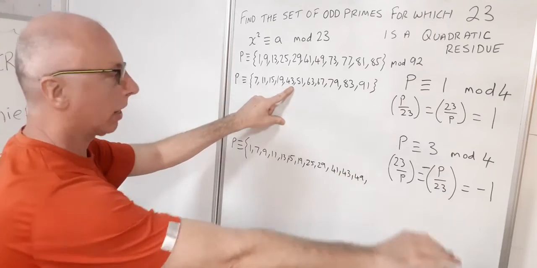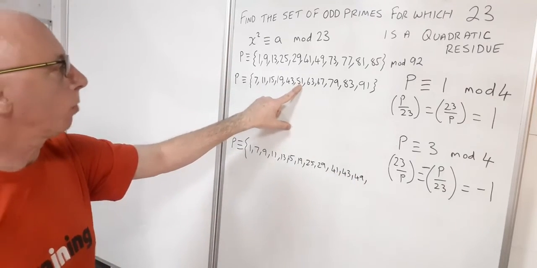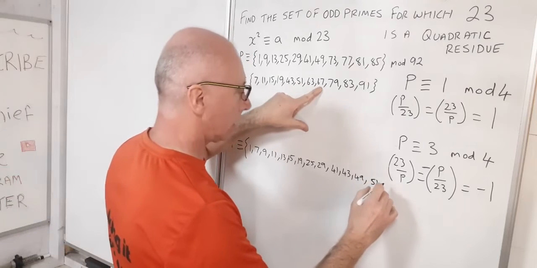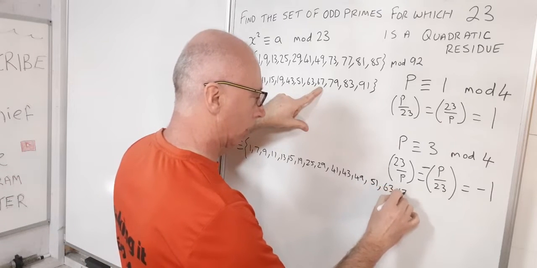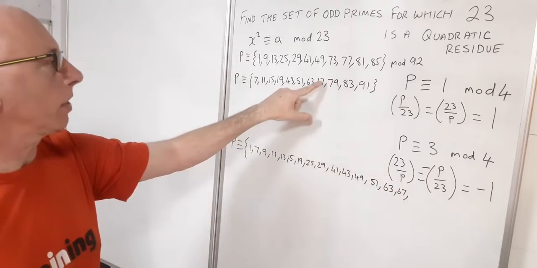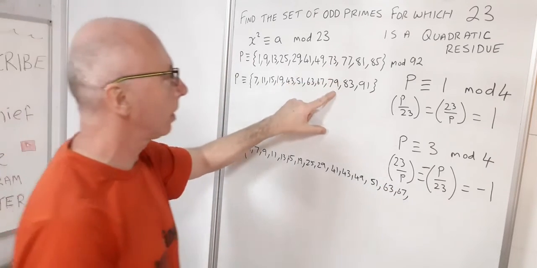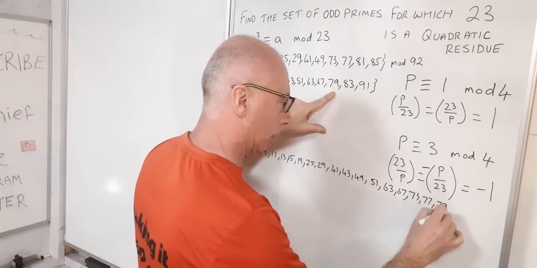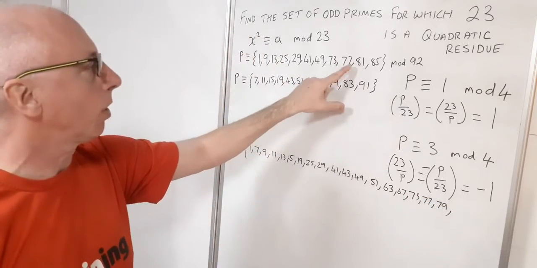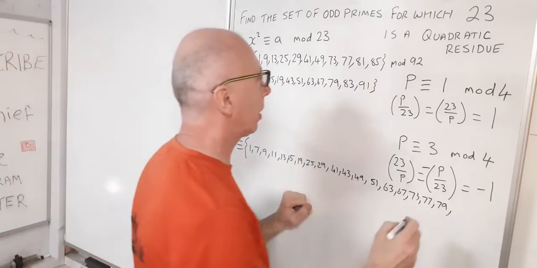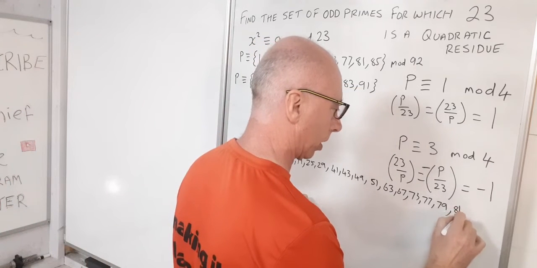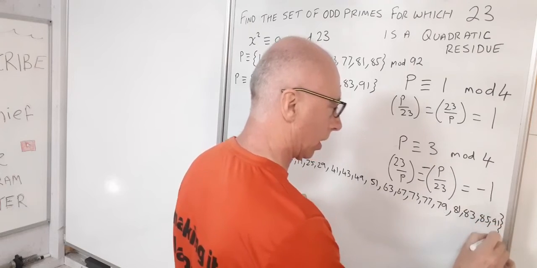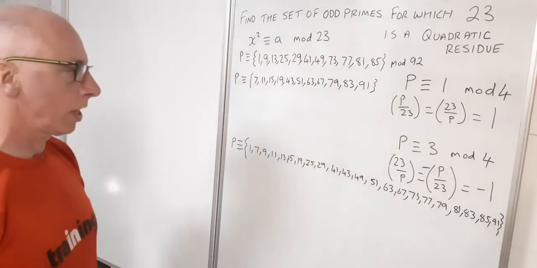And I'm going to go all the way across, and then we've got only one in the 50s, which is 51, and then we've got 63, 67, and then in the 70s we've got 73, 77, 79, and then we've got 81, 83, 85, and then finally 91. And they just fit on the board just nicely.